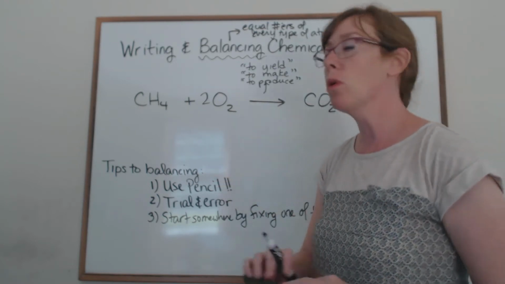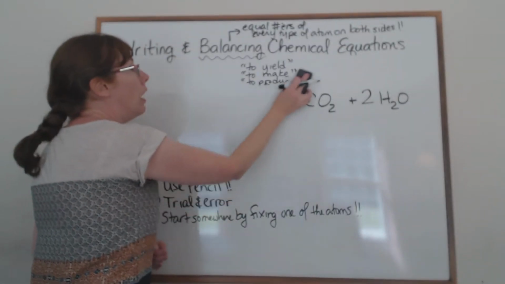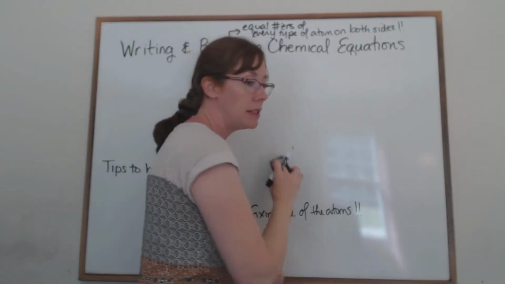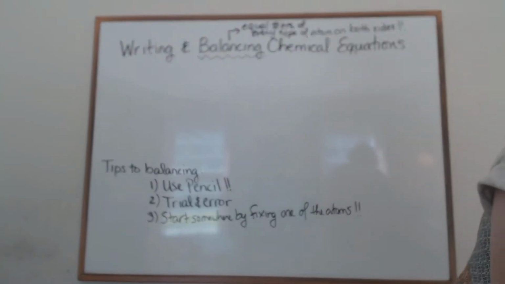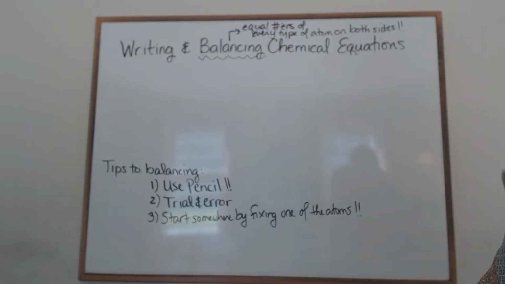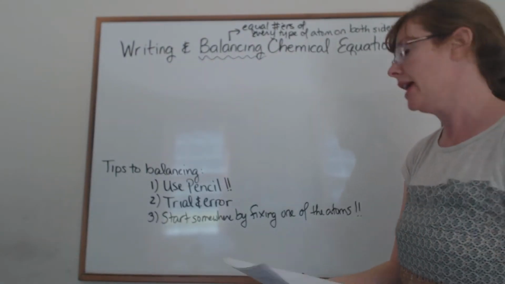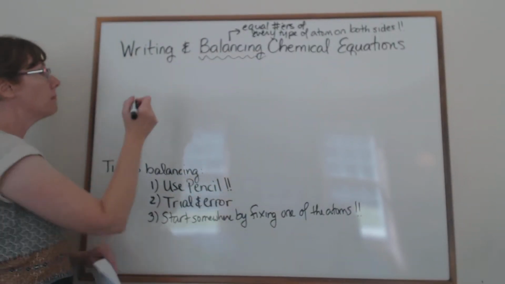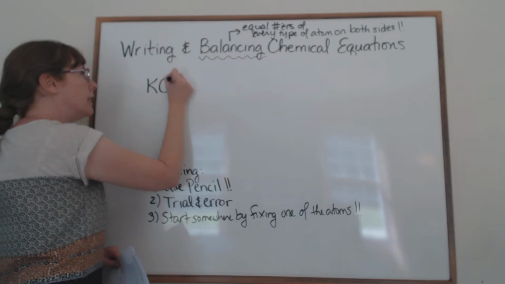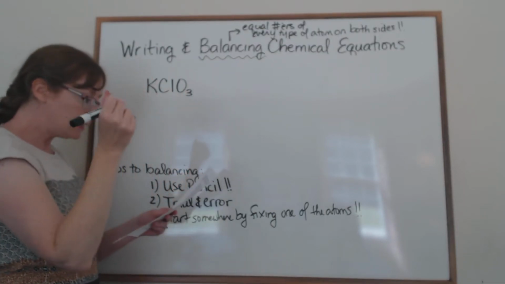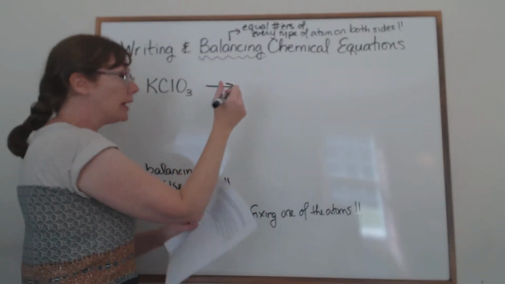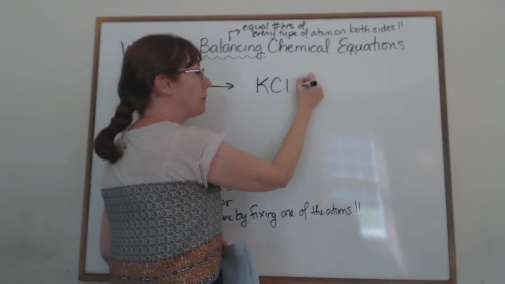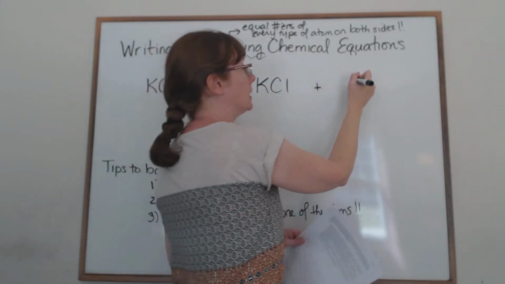So let me put some more up here, just to have some, because there's a few more tips that I want to be able to include. Let's go ahead and say, let's do this one here, KClO3. And at this level, all that we're doing is I am providing the chemical species.